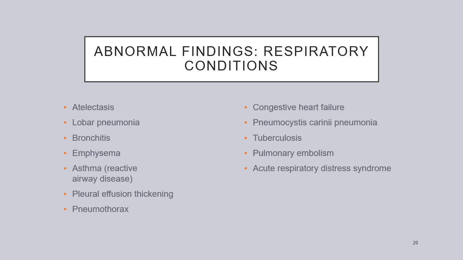So there's been some sort of massive insult to the alveolar membranes. And in this case, the patient basically is drowning in their own serous fluid. On X-ray, it looks like a complete whiteout. We call it kind of a snowstorm appearance.